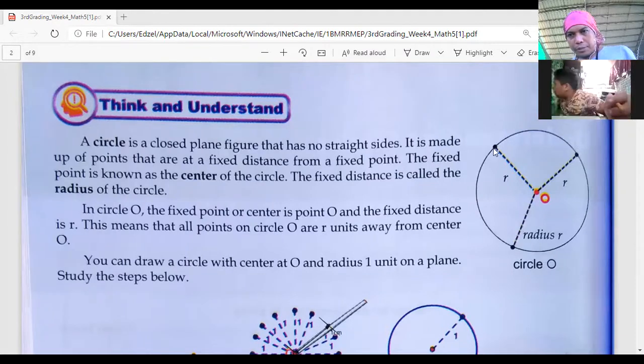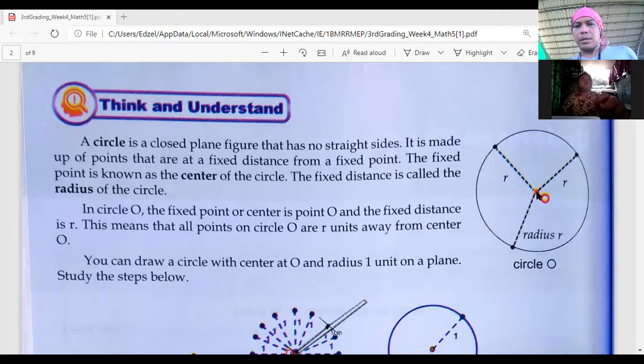So these points are placed side by side, the points, if you allow. And then at the center is also a point. It is a point at the center, and we call it the center of the circle. It is a fixed point.